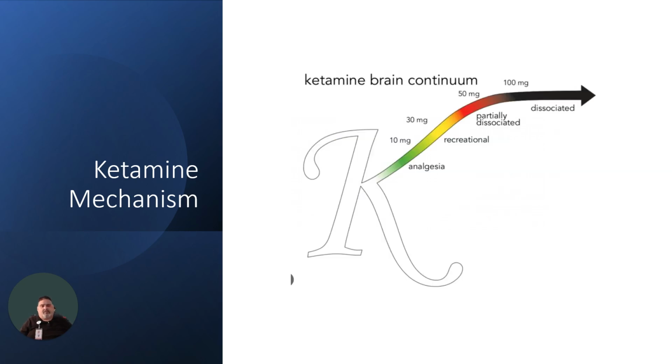So we've got to be very careful with ketamine and understand that across the continuum as far as the brain's concerned, if we look at it like a big K and the top part is our graph, we have analgesia, recreational use, partial dissociation, and total dissociation after giving ketamine. We're going to be functioning in the analgesia and partial dissociation range.